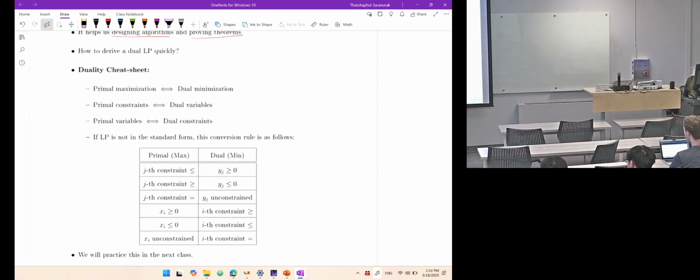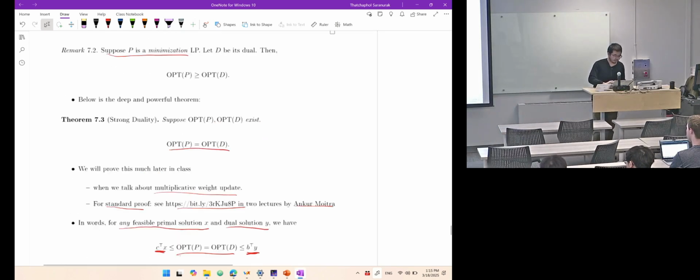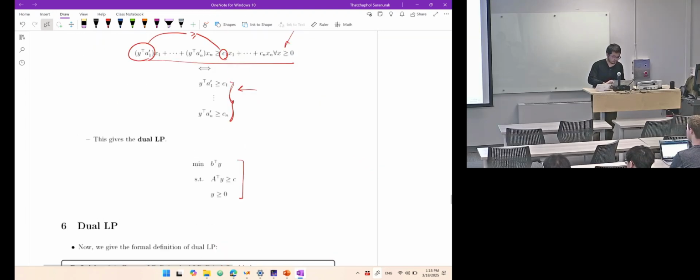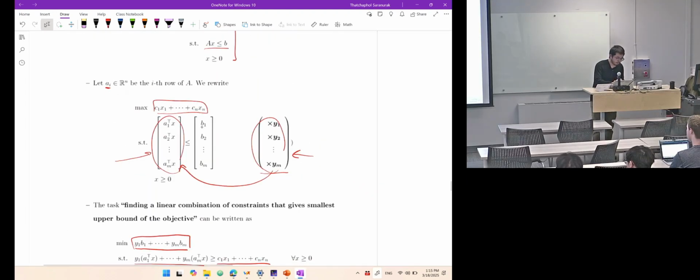You know that if the primal is maximization, then the dual is going to be minimization, and for each of the primal constraints, you introduce a dual variable. For each constraint, you create one dual variable.